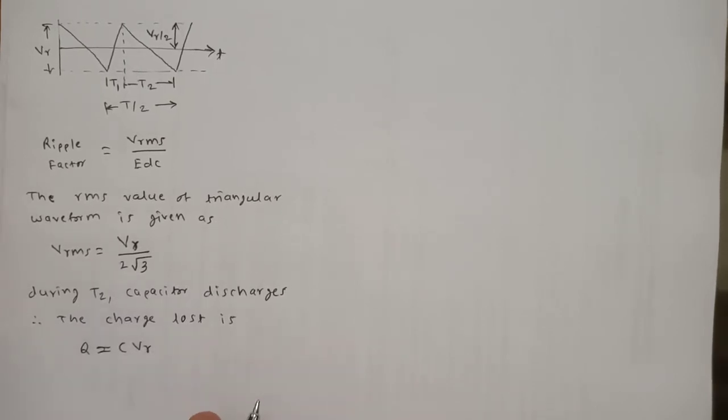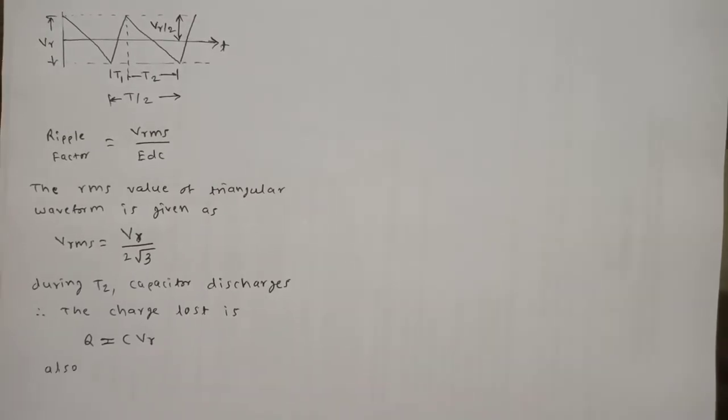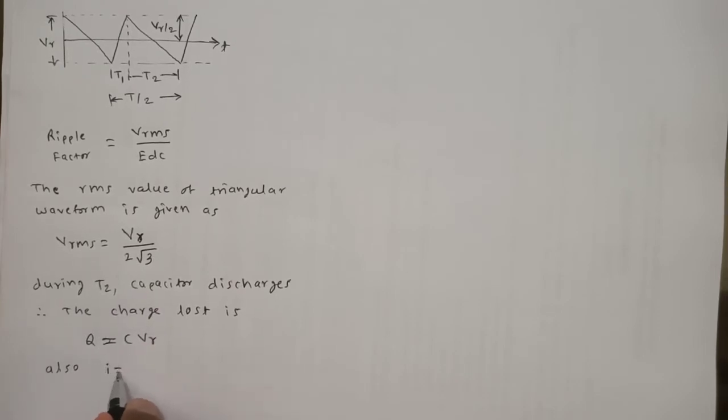So this is the equation for the charge which the capacitor will lose. But we also have one equation for the current flowing through the circuit. In terms of charge, we can write I is equal to dq by dt. That is the general equation.